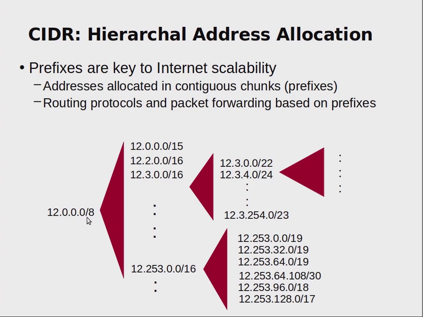So this means you can put a particular split between networks and devices depending on how many networks you have and how many devices you have connected to this network, depending on your needs.